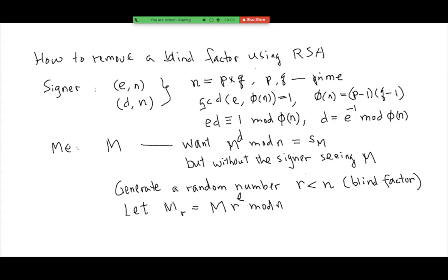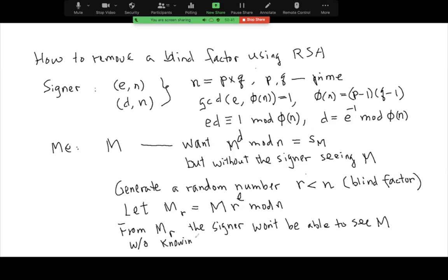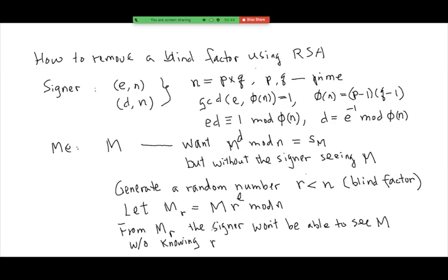So from M sub R, the signer won't be able to see M without knowing what R is.